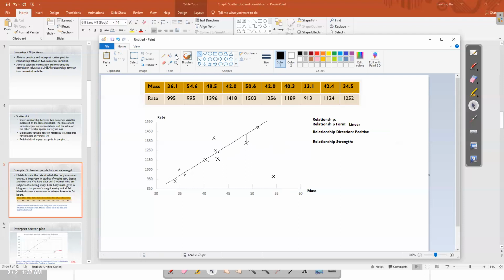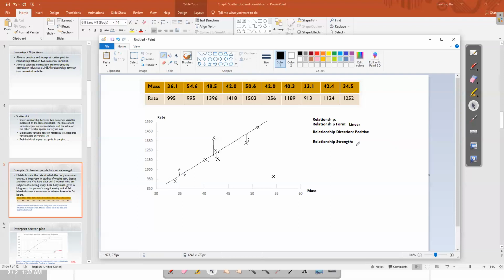So this distance is called a deviation. So for every point, there will be a deviation, right? And this point's deviation is almost 0. And some deviations are positive, some deviations are negative, right?